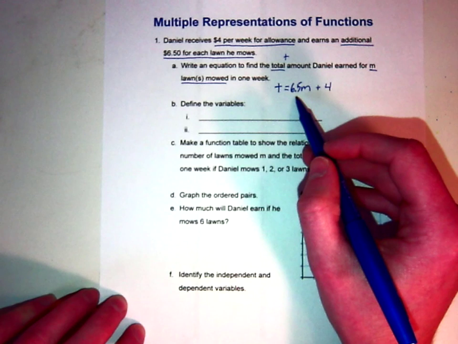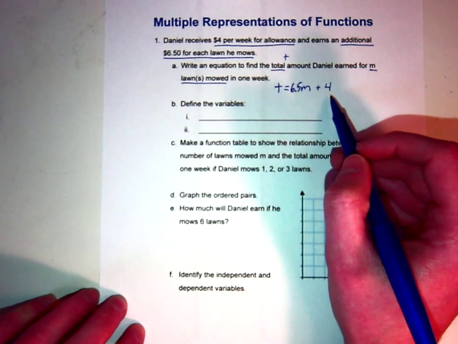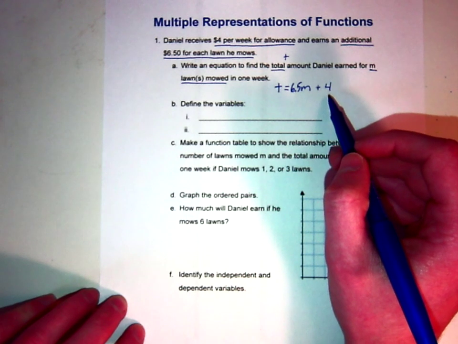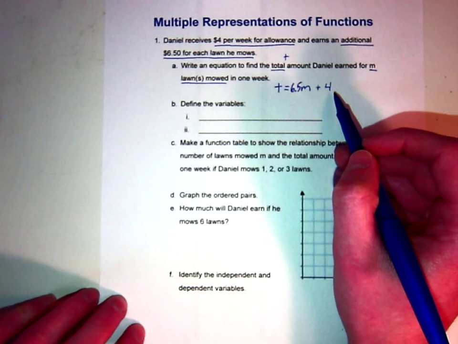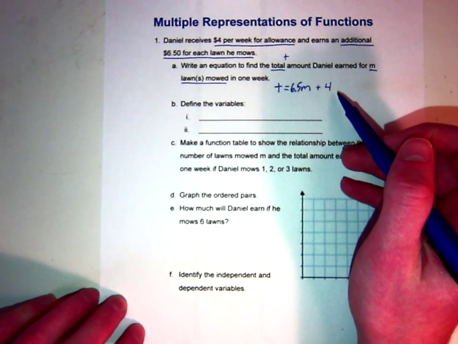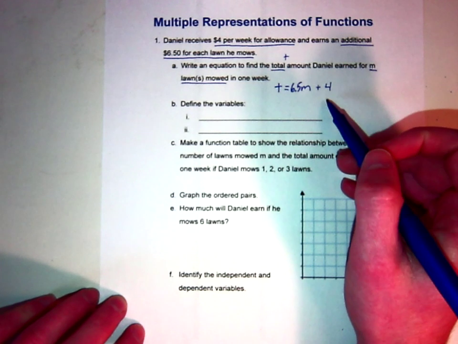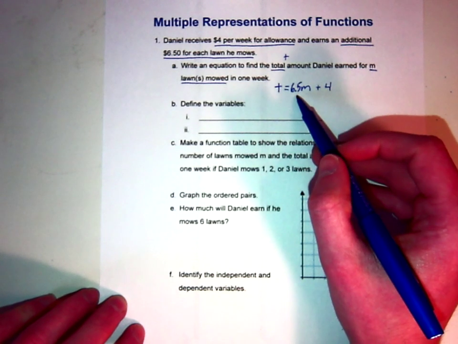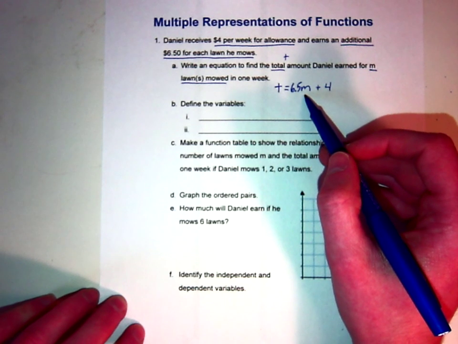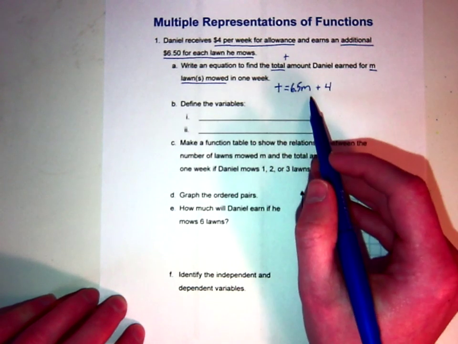And then whenever we have that total, we would add $4 because we know he automatically earns $4 per week for his allowance, okay? That $4, we're not multiplying it by anything again because it's not based off of, he could increase it by good behavior or doing this or that, okay? The thing that could increase based on something is the 6.5 because it's based on how many lawns he mows, okay? So there's my equation.